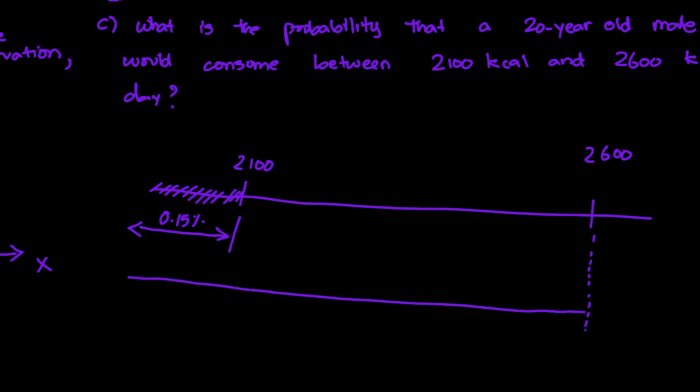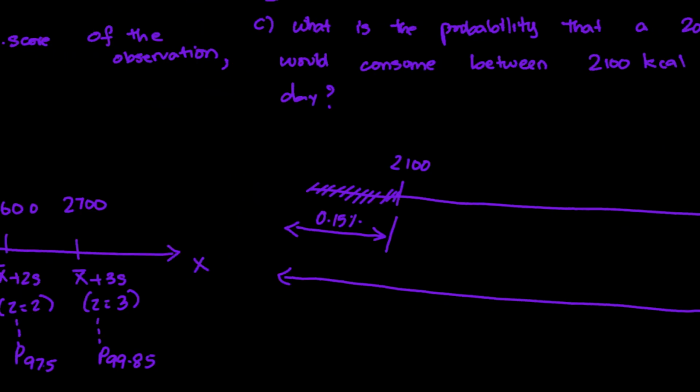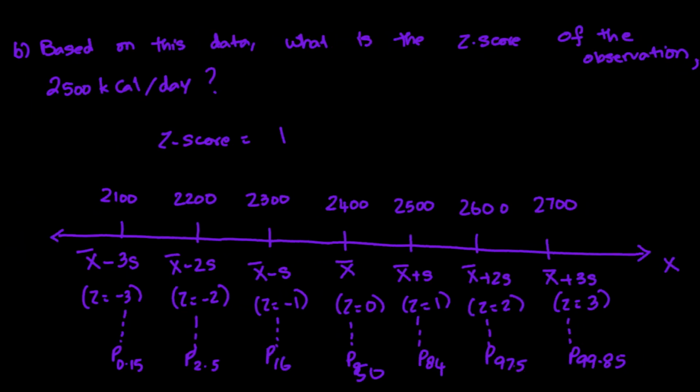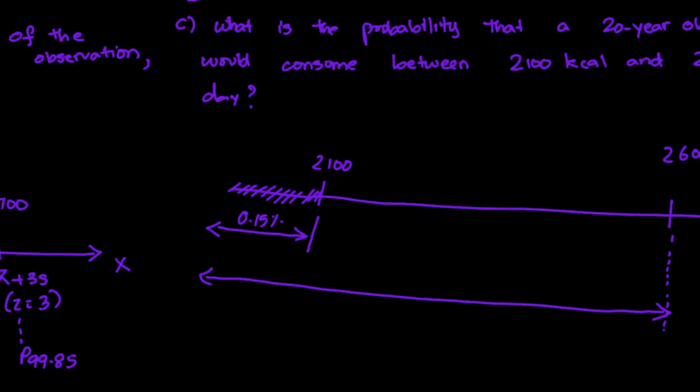Well, starting from anywhere below 2100 all the way up to 2600 kilocalories should be 97.5%. 97.5% of the observations must lie below 2600, according to our quick sketch that we completed several minutes ago.